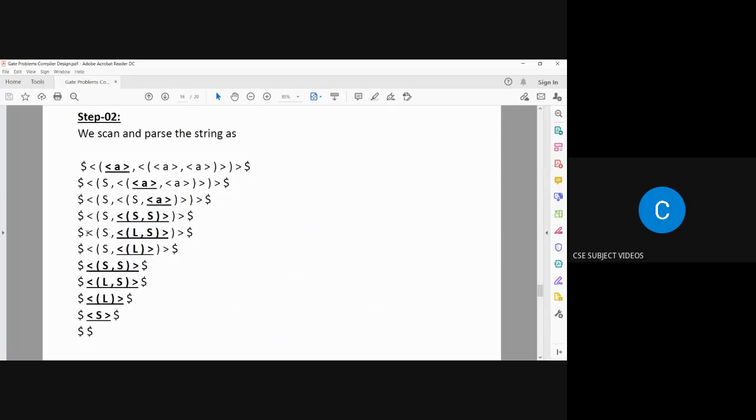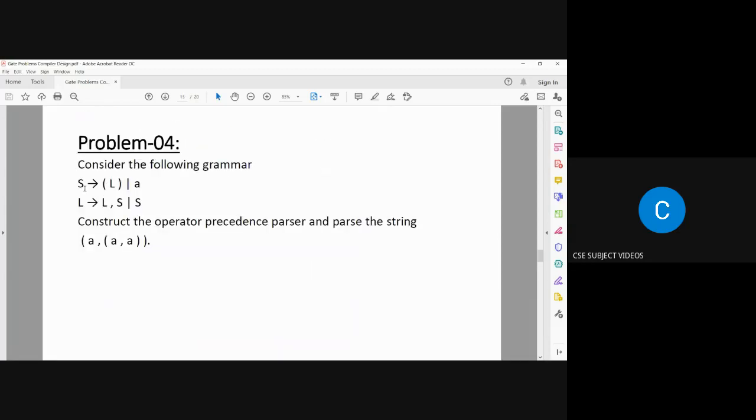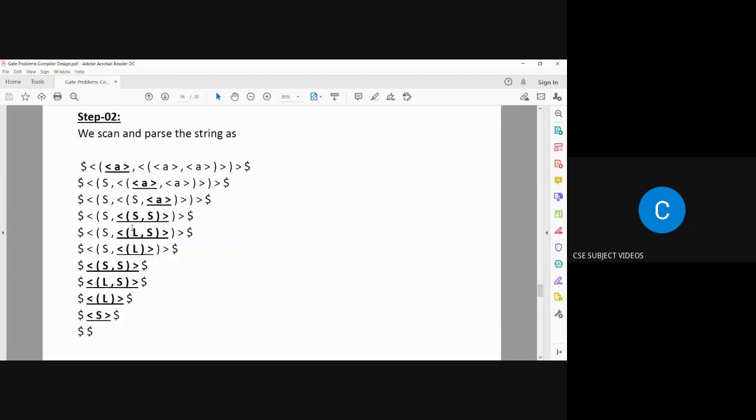Now come to here. This S is reduced by L according to our second production. This S is replaced by L. The other S we keep as it is here.